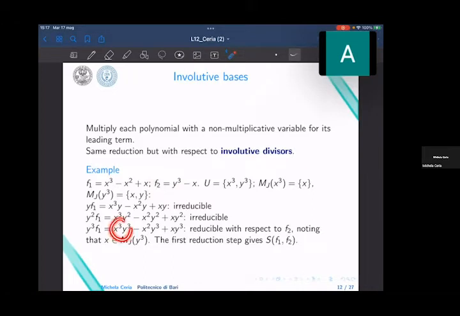Indeed, you have x^3, y^3. So in order to get to x^3 y^3, you should multiply y^3 by a power of x, and x is multiplicative for y^3. So, okay, I multiply with x^3, and I can make this reduction. Well, the first reduction step gives you exactly the S polynomial between F1 and F2.